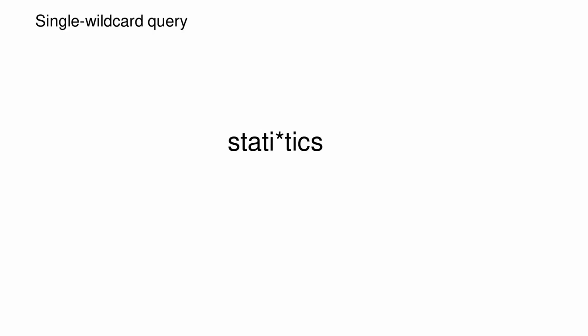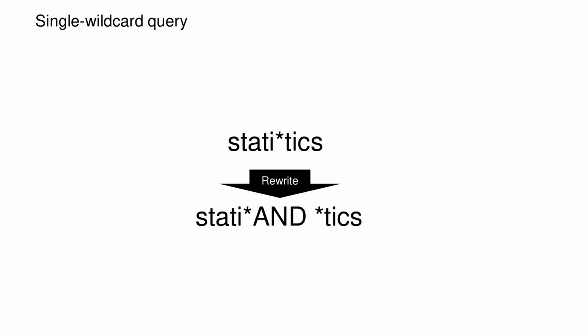A term that would appear but shouldn't? Statics, exactly. Because then you do static star and star ticks, and statics is a false positive. Who sees that? Right? It doesn't match the wildcard query. If you look at the wildcard query, that's not a word that has this pattern. But if we decompose our wildcard query in this way, we have a false positive.